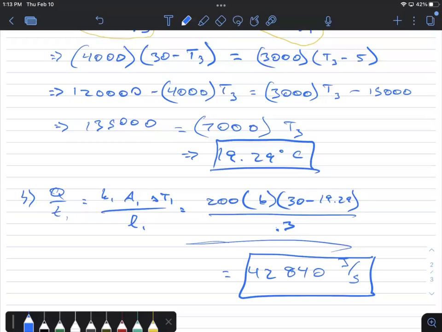That's how fast the heat transfers through the first layer. It's also how fast the heat transfers through the second layer, which means it's how fast the heat transfers through both layers at the same time. If you would have done Q over T2 as a calculation, you would have gotten the same exact number.